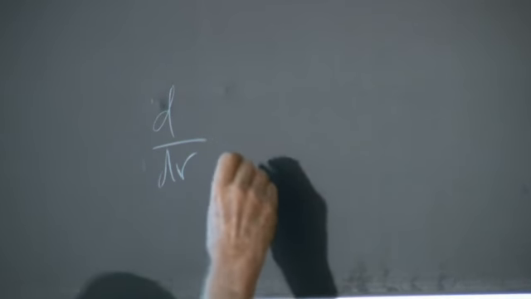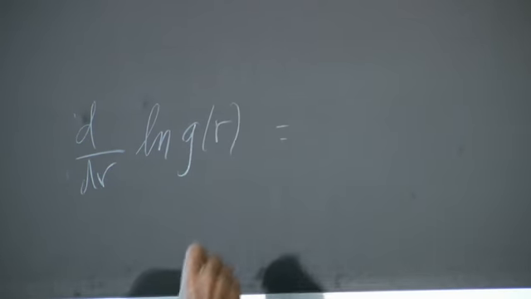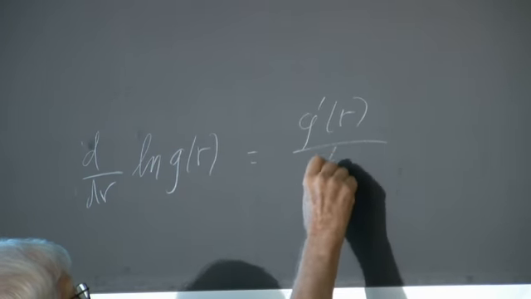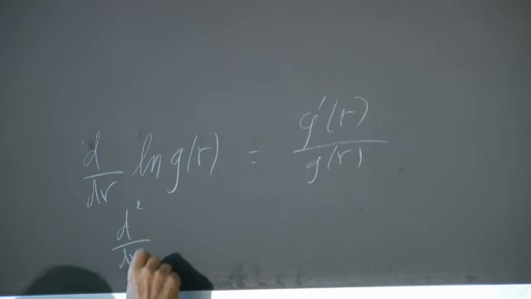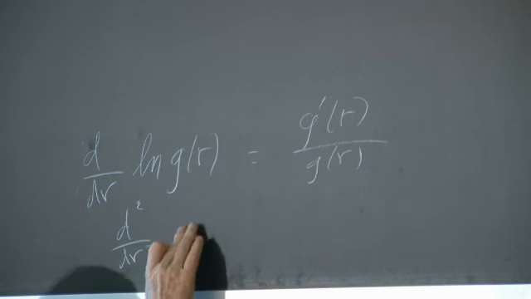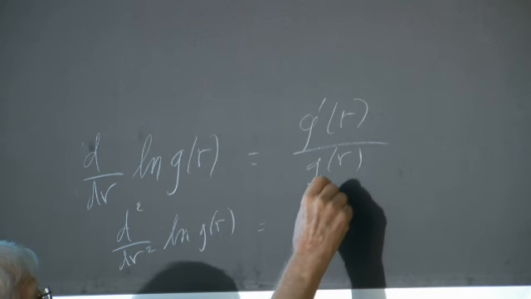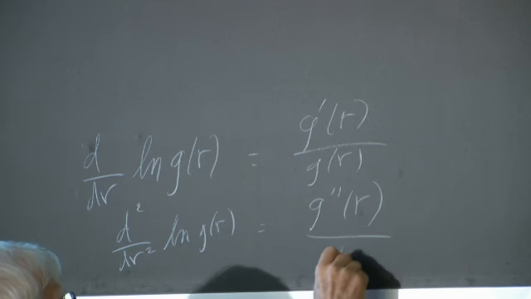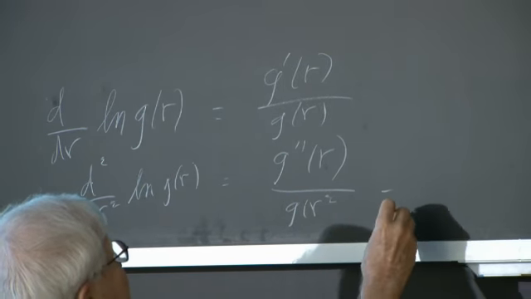The derivative with respect to r of the logarithm of g of r is g prime of r divided by g of r, and the second derivative is g double prime of r over g of r, minus g prime of r squared divided by g of r squared. Tell me if I'm making a mistake here, because I usually do when I do this.